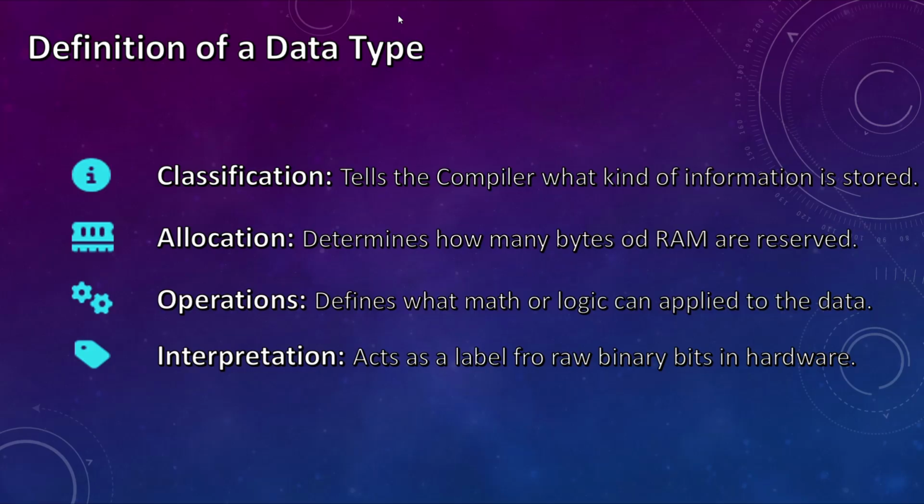What operations can be performed on that data? You can think of a data type as a label attached to a memory location. Without that label, the compiler has no idea how to interpret the data stored inside the memory.